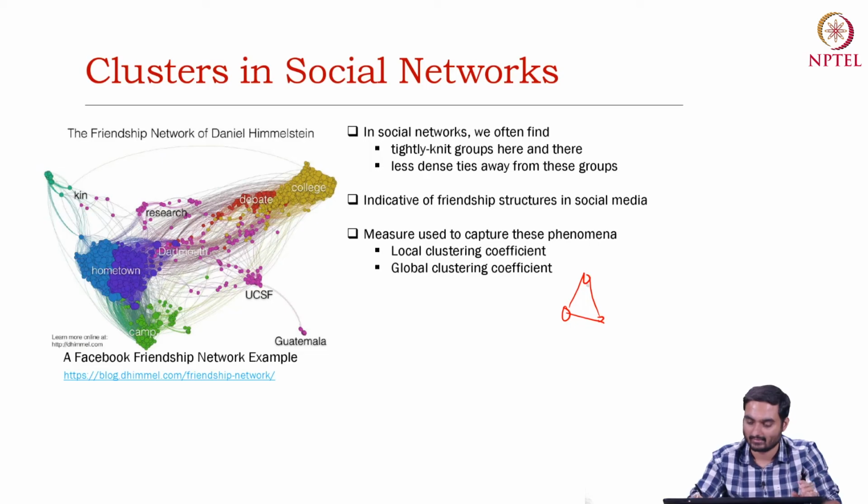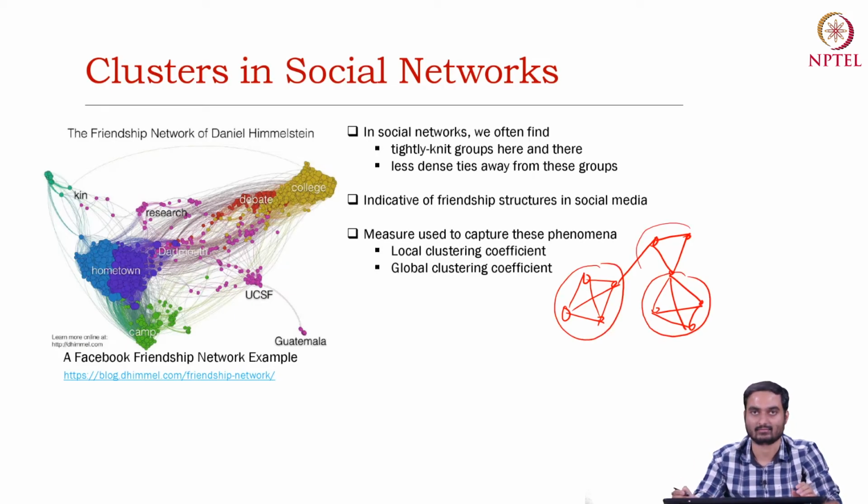For the time being, let us assume that you have a graph like this, and you see that this can be treated as one cluster, this can be treated as another cluster, and this as yet another cluster.